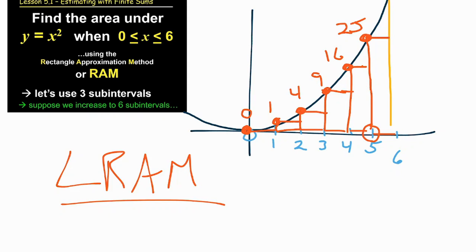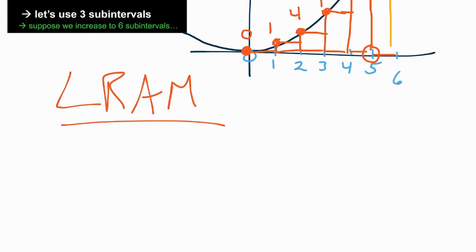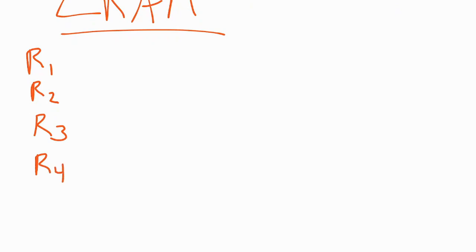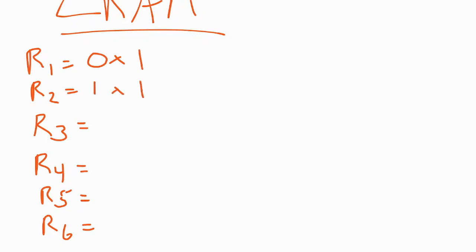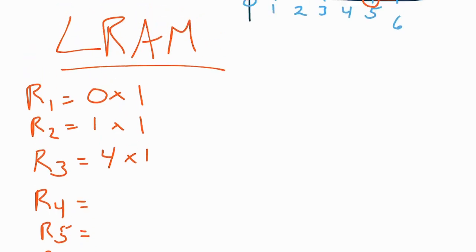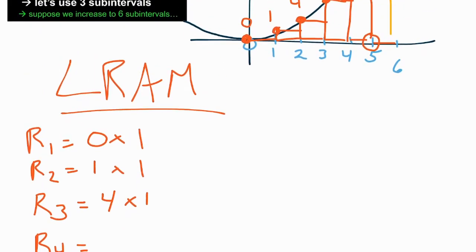Ultimately, those are one of the dimensions. You might call it the length, because the width is just 1. Just kind of getting started with some of the first rectangles.